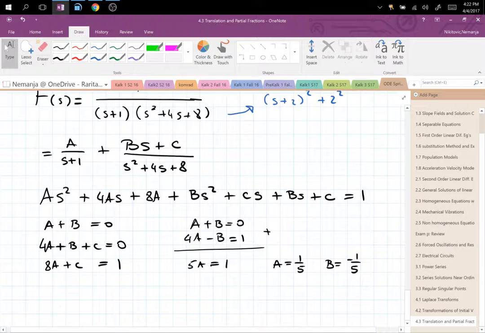And then I figure out what C is. C is going to be 1 minus 8A, which is 1 minus 8/5, so that's negative 3/5. So C is negative 3/5.